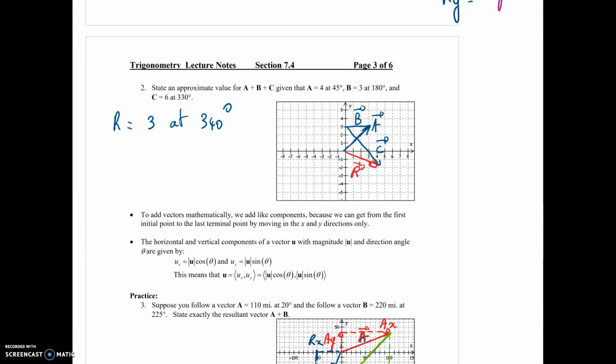To add vectors mathematically, we add like components, because we can get from the first initial point to the last terminal point by moving in the x and the y directions only. You will notice also that this expression for y here and this expression for y there work even if the angle theta is greater than 90 degrees.